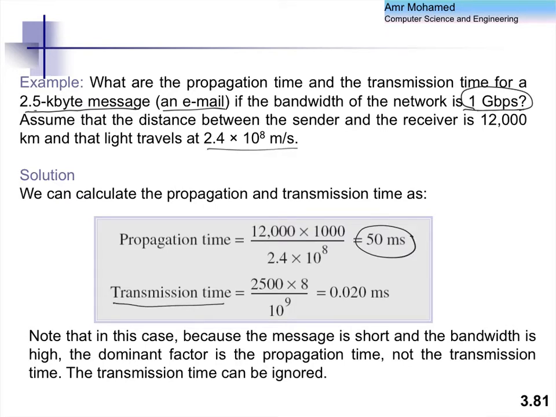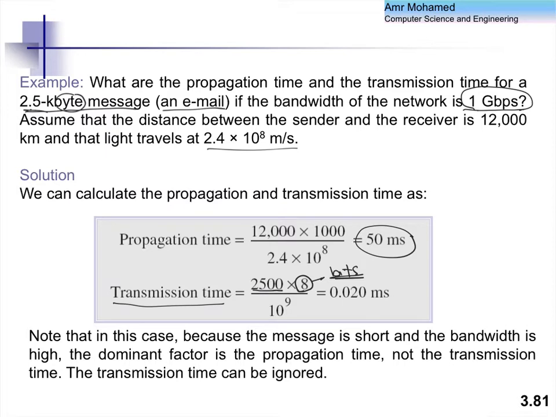The transmission time: the length is 2.5 times 1000 times 8, because this is in kilobytes. We multiply by 1000 to convert kilo to bytes, and then times 8 to convert to bits.